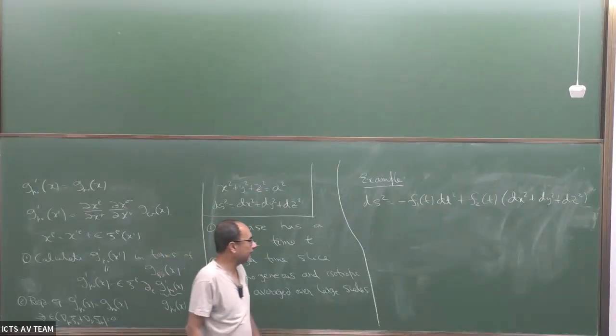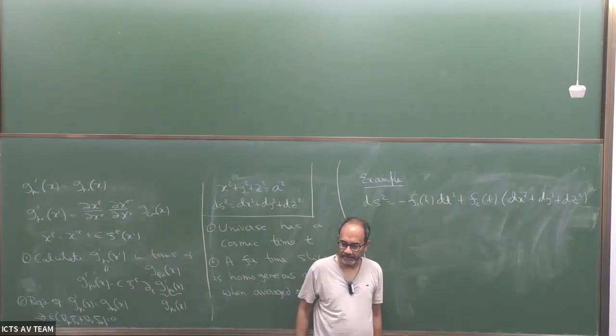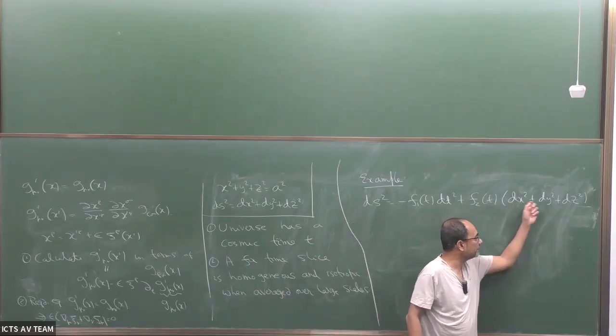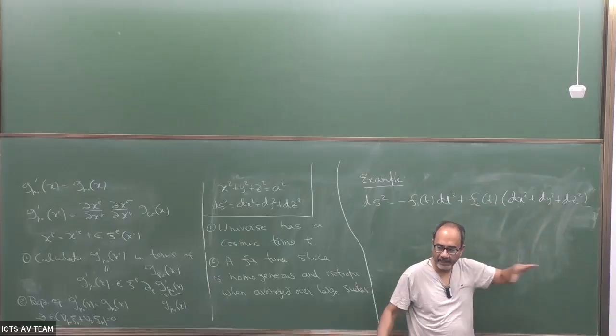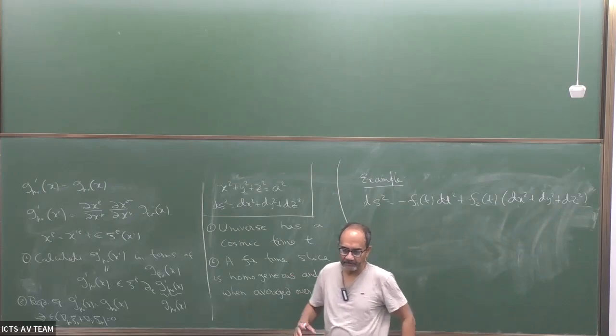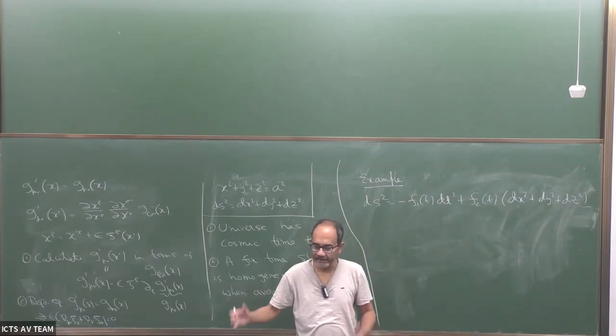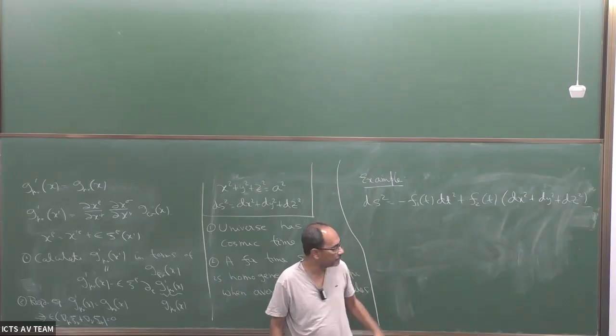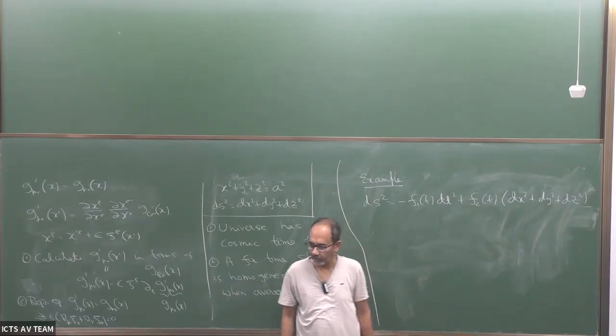If we take a fixed time slice, say t equal to some constant, the spatial direction is some constant times dx squared plus dy squared plus dz squared. That's flat space. Flat space obviously is homogeneous and isotropic: you just translate, and clearly nothing changes. And if you rotate around any point, again that's a symmetry of the metric. So this is clearly an example of a homogeneous and isotropic space.